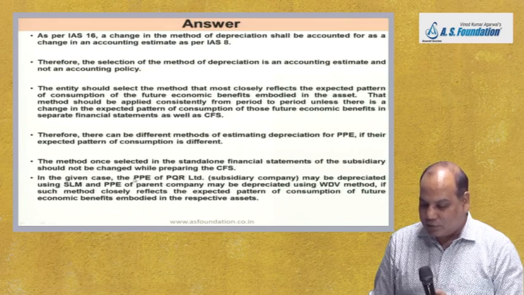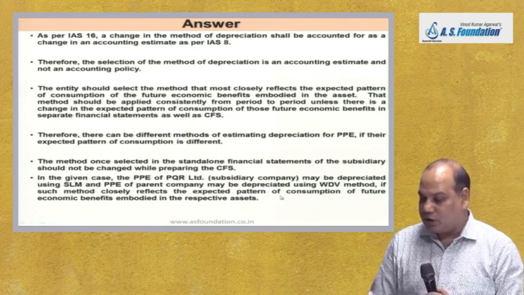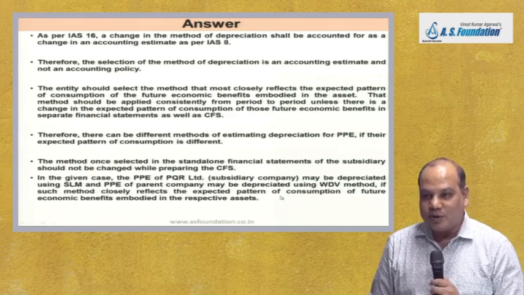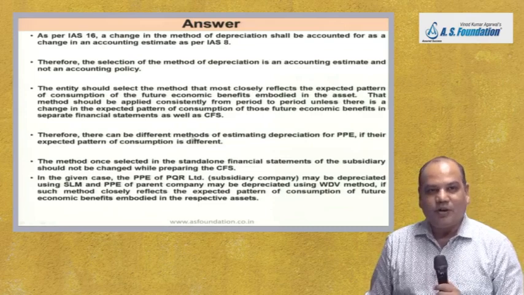So hence, in the given case, PPE of subsidiary may be depreciated using SLM and PPE of parent may be depreciated using WDV if such method closely reflects the expected pattern of consumption of future economic benefit embodied in the respective assets. Okay, now we will take a break.